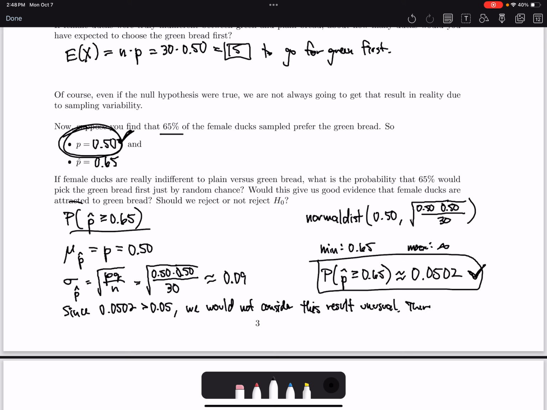Therefore, there is not good enough evidence. We should not reject the null.